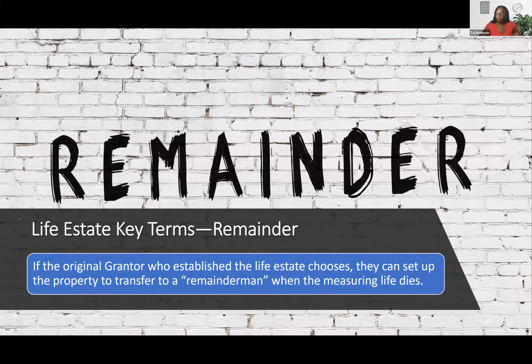That's a remainder because I said, and then it will go to. Does that make sense for everybody? Yes, someone remains. If you know the answer to who remains at the end, then it's a remainder interest. If it's left up in the air, it's reversionary. Does that make sense for everybody? Okay, Michael has the property until Betty White dies, and then it goes back to Michael.